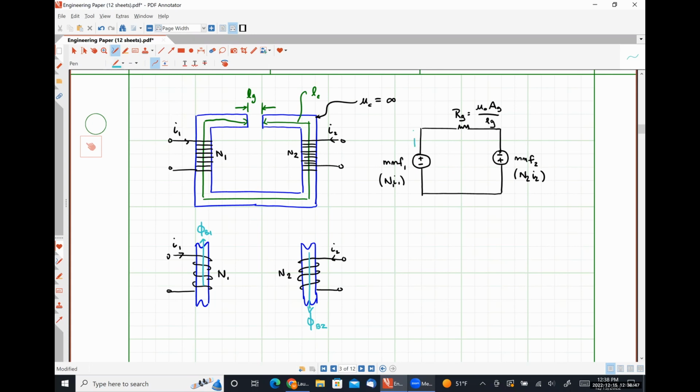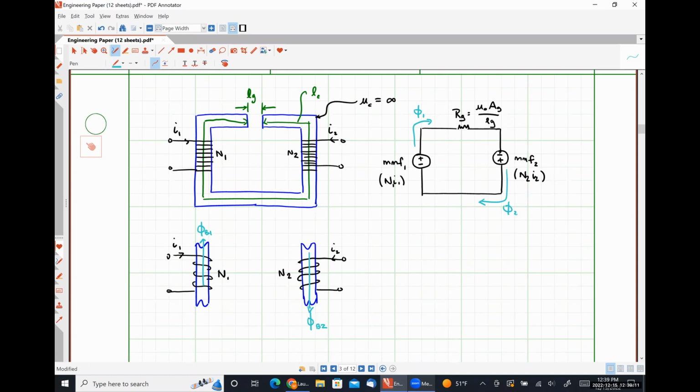And this guy is going to push some flux I'm going to call B1 around in this direction. And this guy is going to push some flux B2 in this direction.